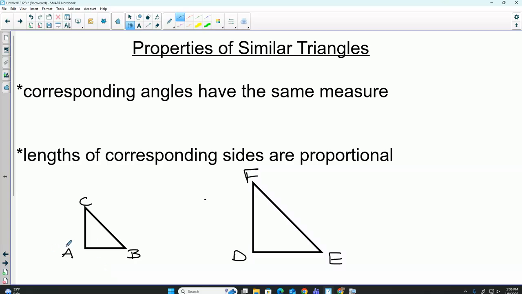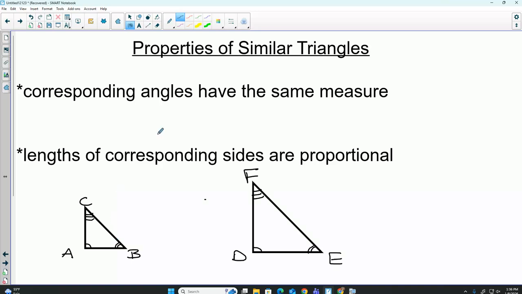So if these triangles were similar, A and D would have to have the same measure. B and E would have to have the same measure. C and F would have to have the same measure. And then the sides are proportional.